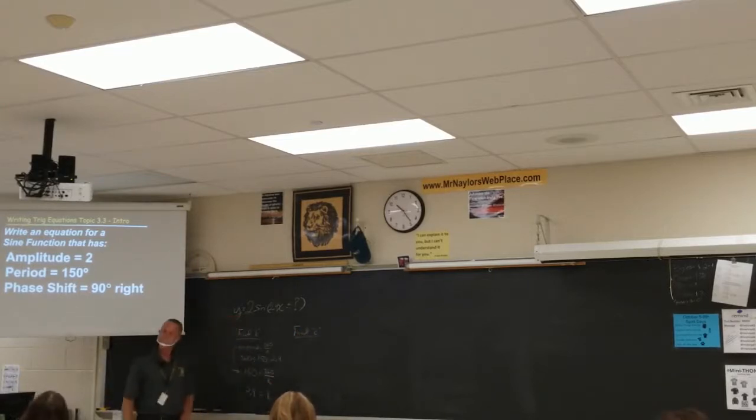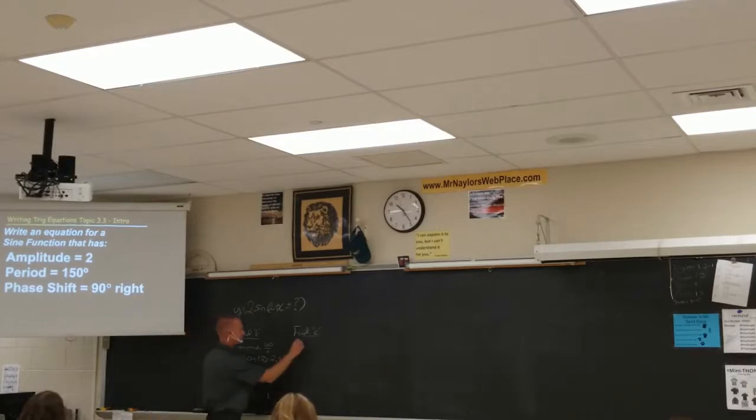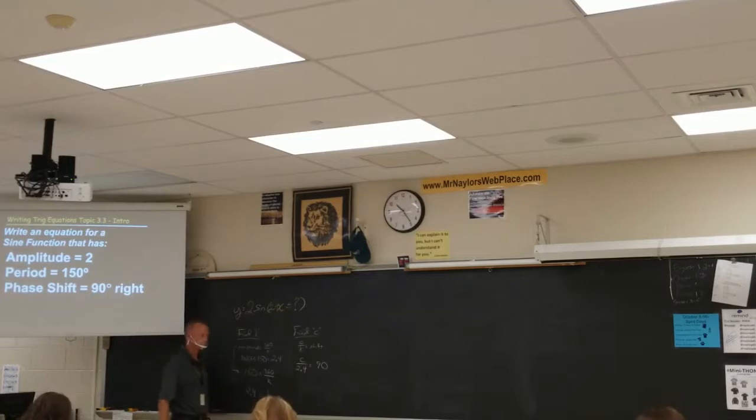Anyway, it says 90 degrees to the right. So we know that when we're finding the shift, you take C over K. So if you solve for C and you know that it equals 90, you end up multiplying 90 times your K, and then you get 260.